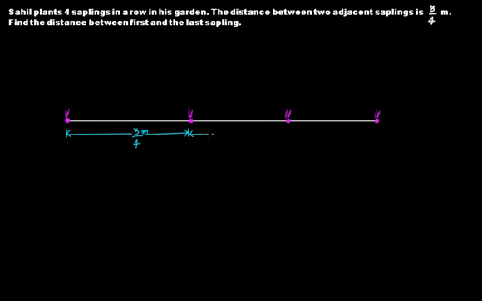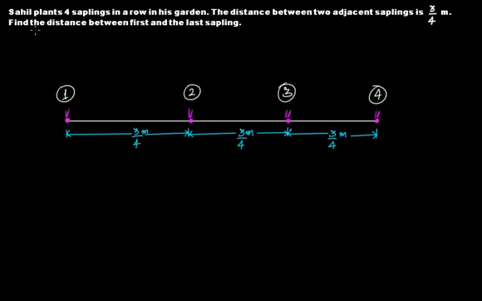This one is also 3 by 4 meter. This one too is 3 by 4 meter. Let's number it. It's sapling 1, it's 2, it's 3, and it's 4.